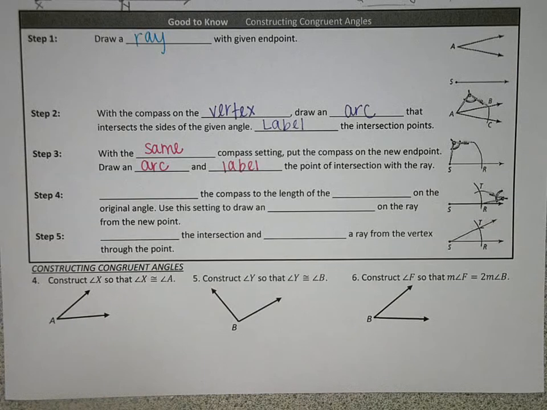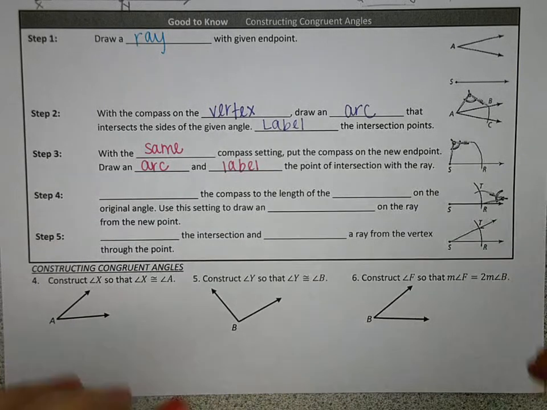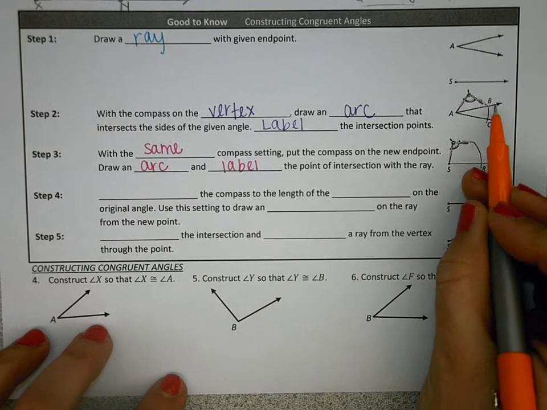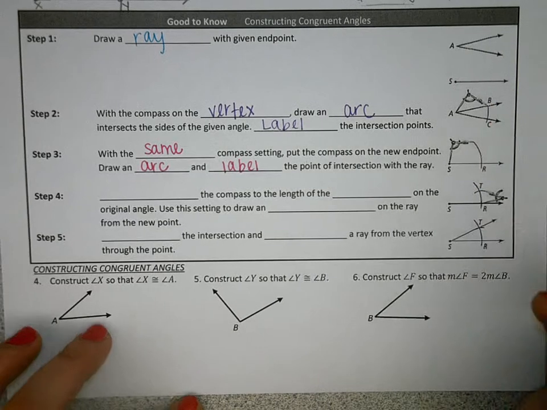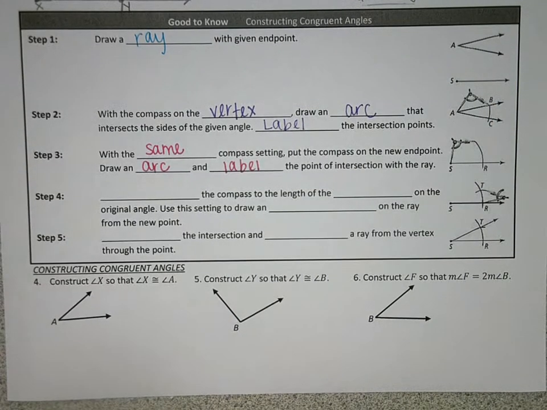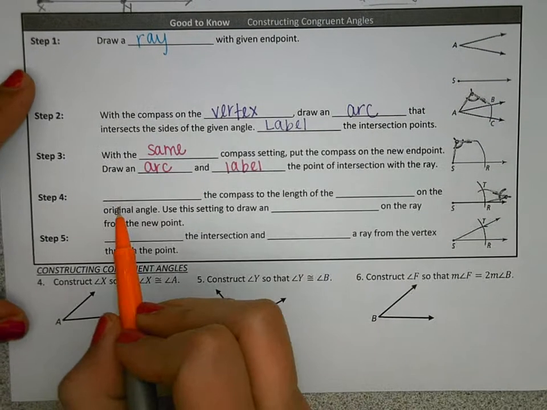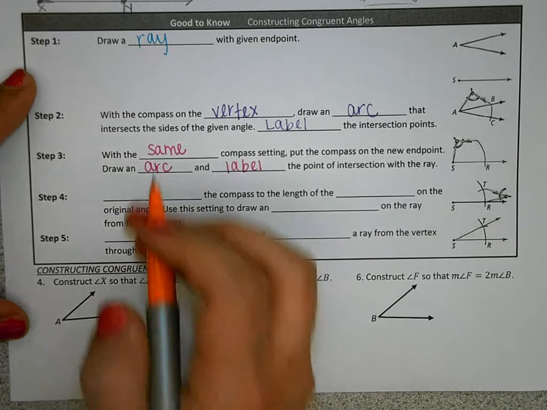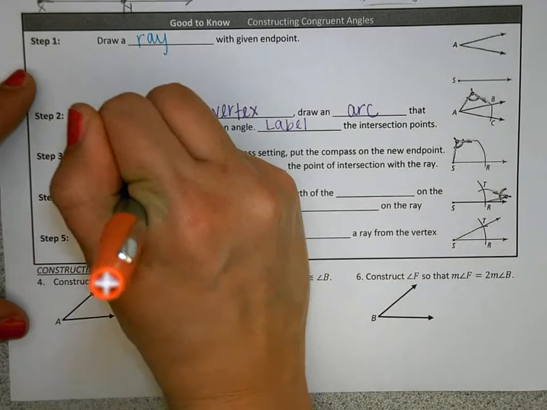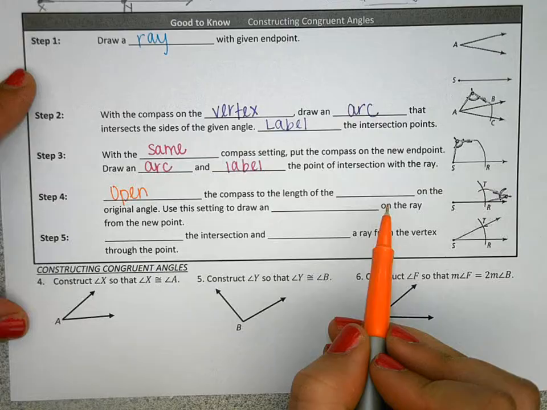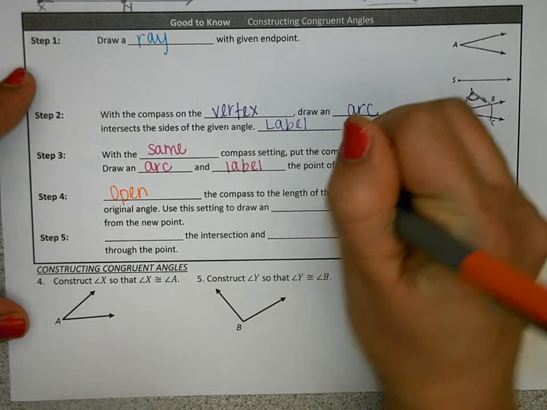So what we're doing is creating an endpoint. This arc matches this one, but we need to know how wide to open the angle. So what we do next is we take the compass and open it to be the length of the points on the original angle.